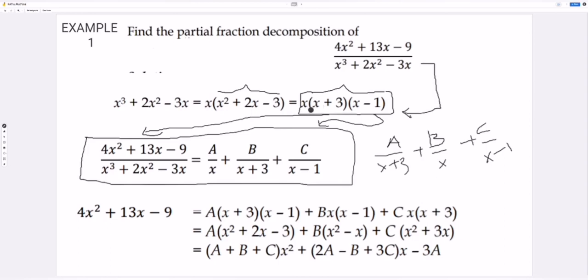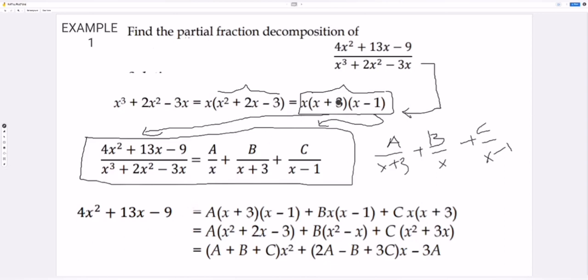So we know that x times x plus 3 times x minus 1 is equal to x squared plus 2x squared minus 3x, right? If you multiply this one, this will be cancelled out, so the remaining would be 4x plus 13x minus 19.